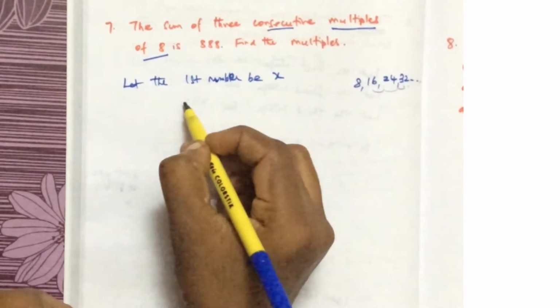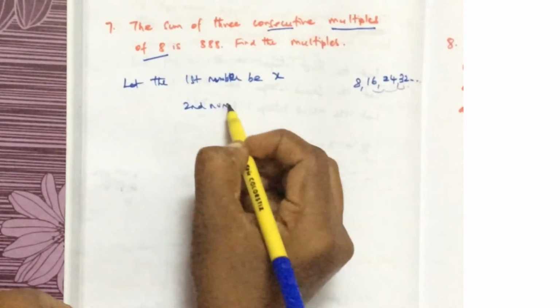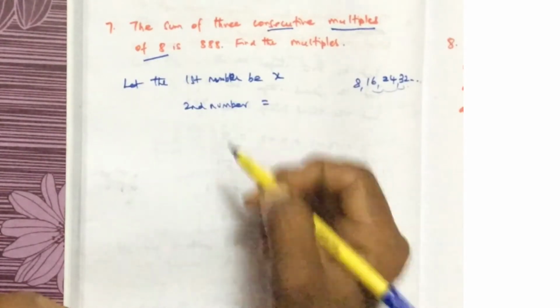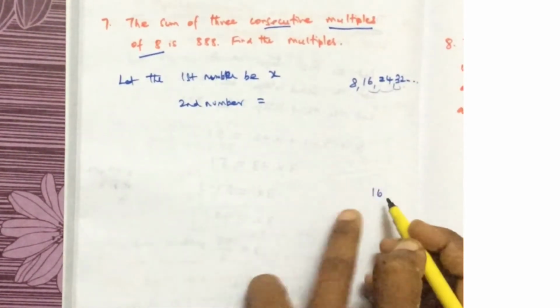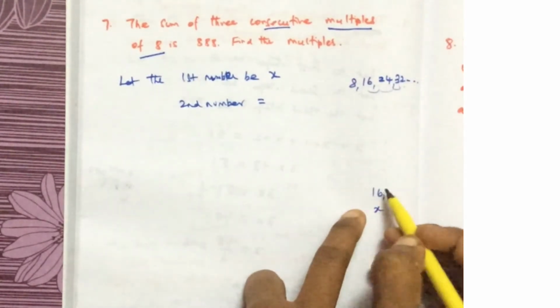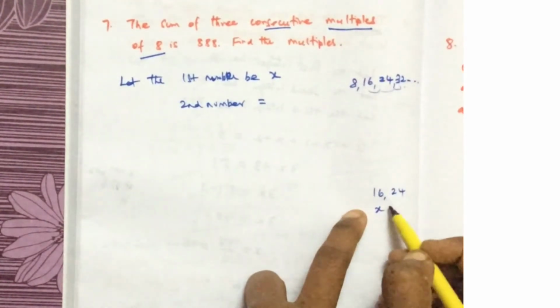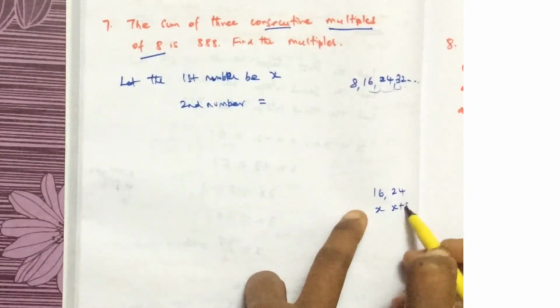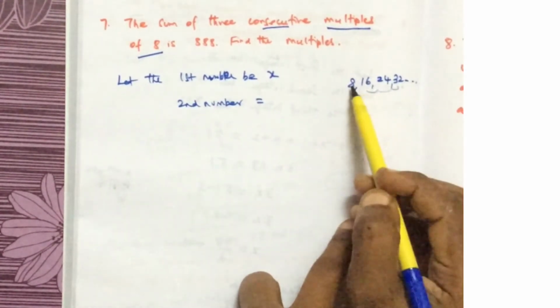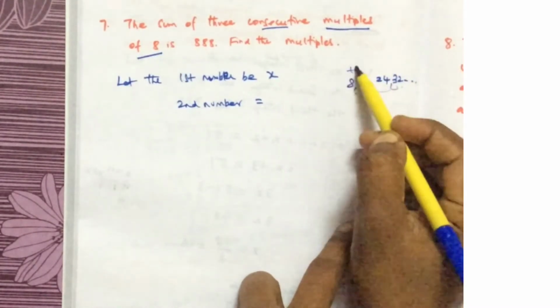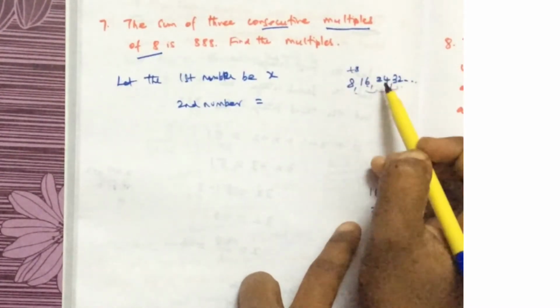So what is the second number? If the first number is x, suppose I am considering 16, how to get 24 from that? You have to add x plus 8. Why are you adding 8? Because it's the multiples of 8. 8 plus 8 is 16, 16 plus 8 is 24.